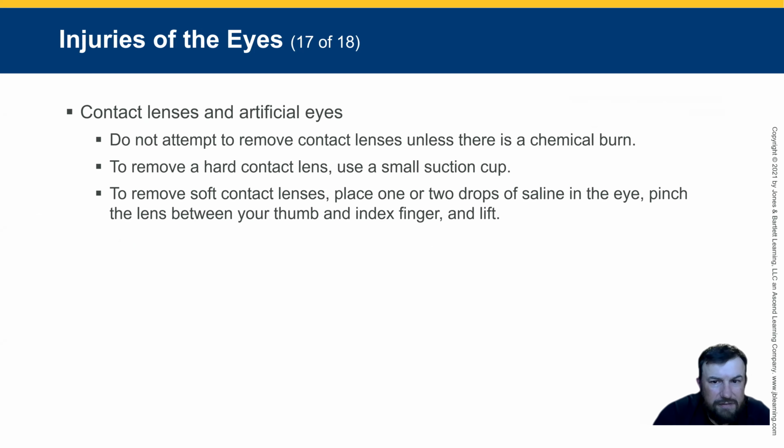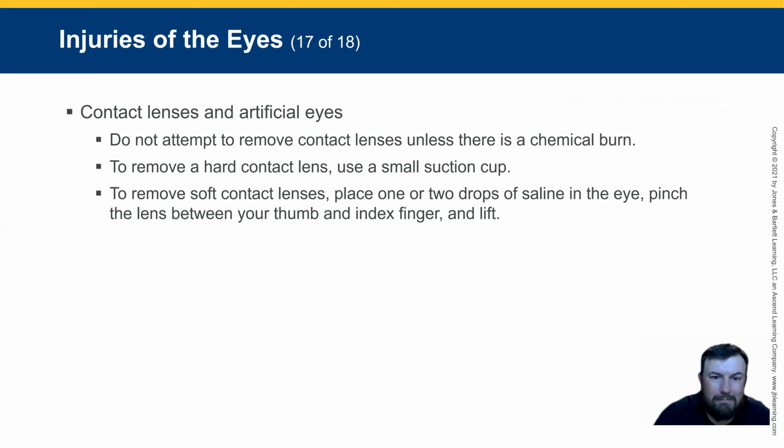Contact lenses and artificial lenses, we talked about a little bit. Do not attempt to remove contact lenses unless there is a chemical burn. To remove a hard contact lens, use a small suction cup. To remove soft contact lenses, we reach in there, we pinch together, and we pull out. Once again, I'm going to repeat this. Chemical burns, we've got to get the contact lens out as soon as possible.